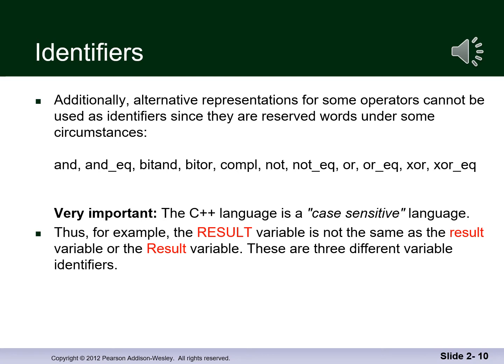So, as the author keenly notes here, the RESULT variable, all in caps, is not the same as result, all lowercase, or Result, capital R, lowercase esult. These are three totally different variables, and they might as well be named George, Mary, and John, because the computer does not recognize any similarity between those three.